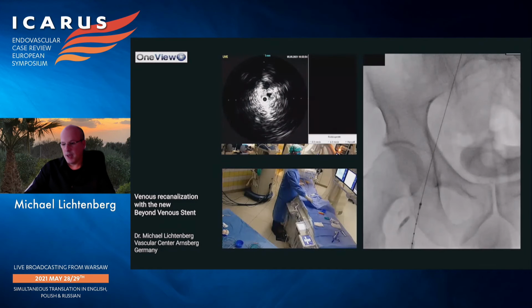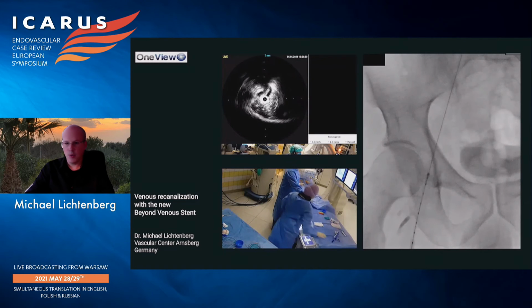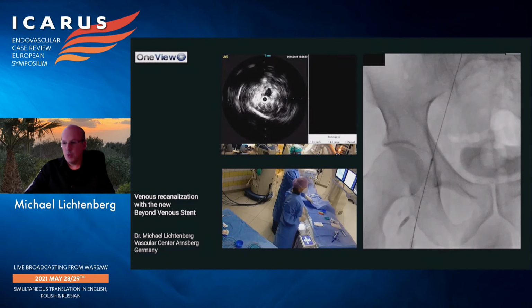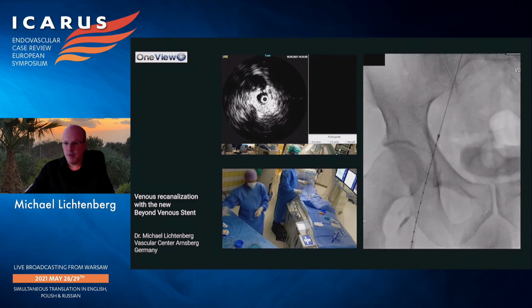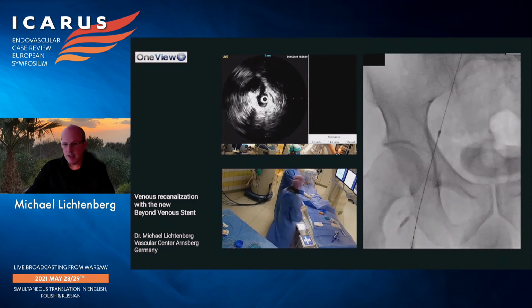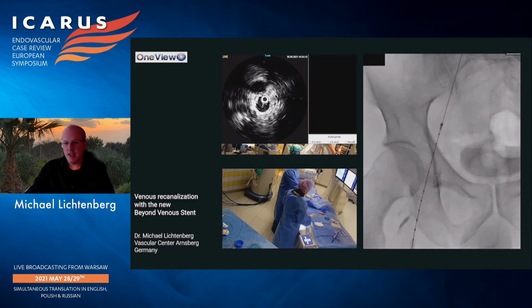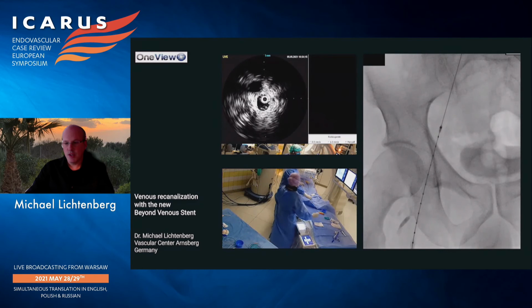And by this time, it's usually time to perform an IVUS to really learn about correct sizing, about correct landing zone. Are we dealing even with more complex PTS, even proximal? And here in the IVUS analysis, you could see that also the proximal external iliac vein and partially also the common iliac vein on the right side was diseased.